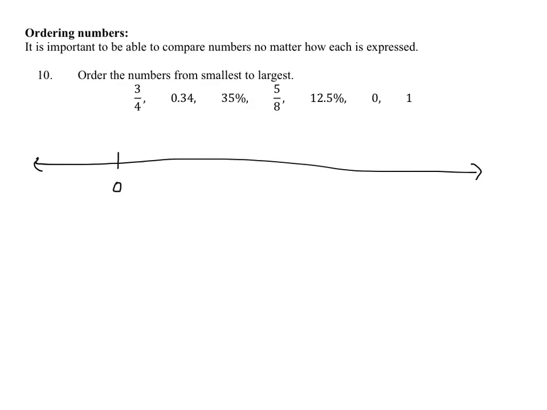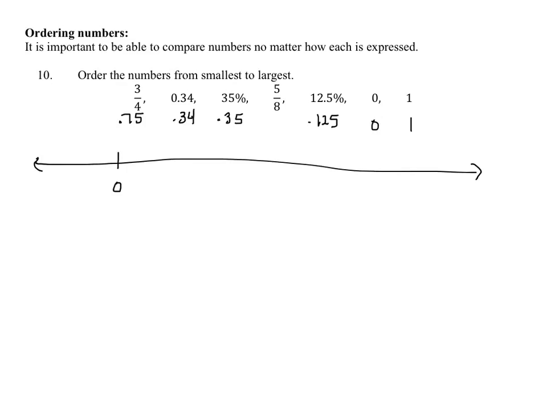Personally, it's probably easiest just to convert everything to a decimal and then decide where it goes. Well, 3/4 we already converted is 0.75. This is just regular 0.34. 35% is 0.35. 12.5% is 0.125, written as a decimal. 0 is 0, 1 is 1.